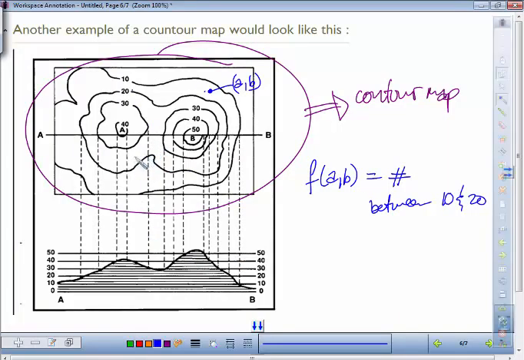So back to this picture, I'm going to keep going back and forth between pictures. If I look at this picture over here, I see these numbers 10, 20, 30, 40, and 50 and stuff like that, right?